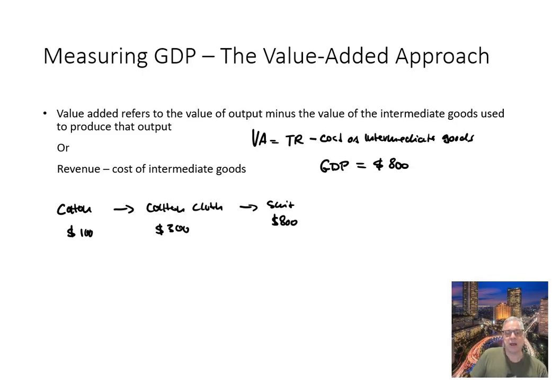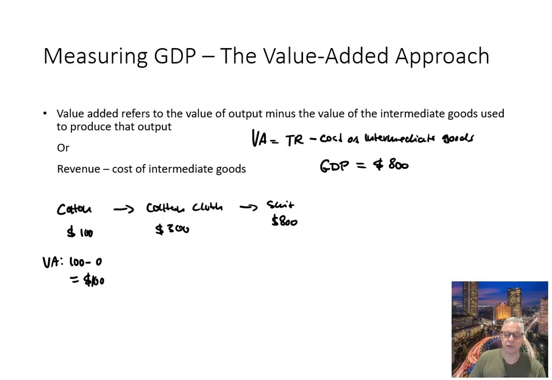Okay, so now if you take a look at the value added at each stage, the cotton producer's value added is total revenue 100 minus, because the cotton producer didn't have any intermediate goods, minus 0, which is a value added of 100.